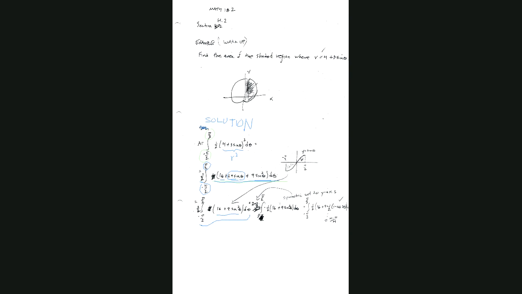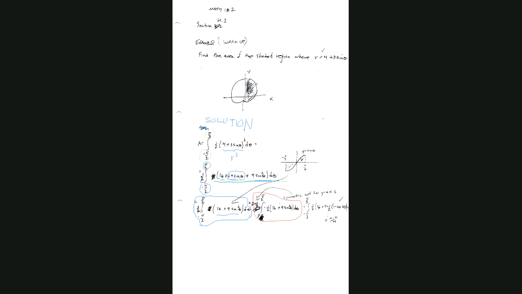What I'm going to do is I want to justify how I'm going from this step here to this step here, where I've replaced the bottom limit negative pi over 2 with 0, and I have a 2 here.